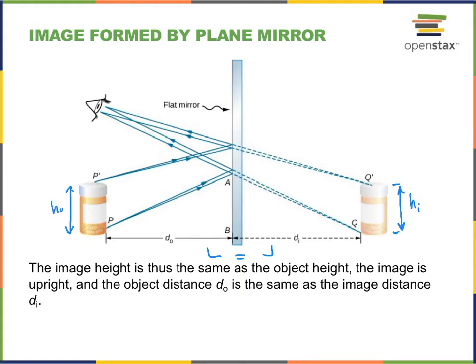And so in this case, we say there's no magnification. That's another thing that we're going to be looking at when we talk about images, is whether they look bigger or smaller, and also whether they're upright or upside down, because that does happen.